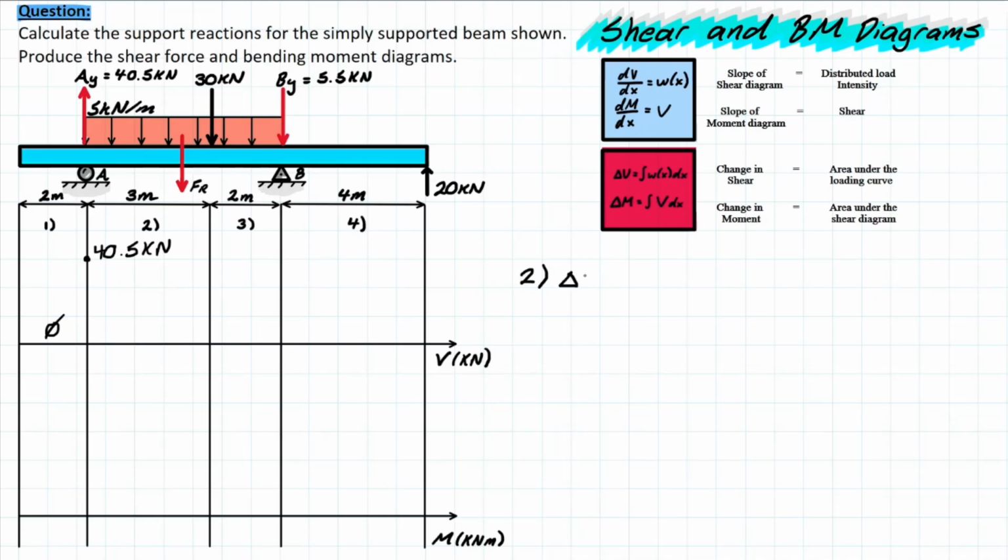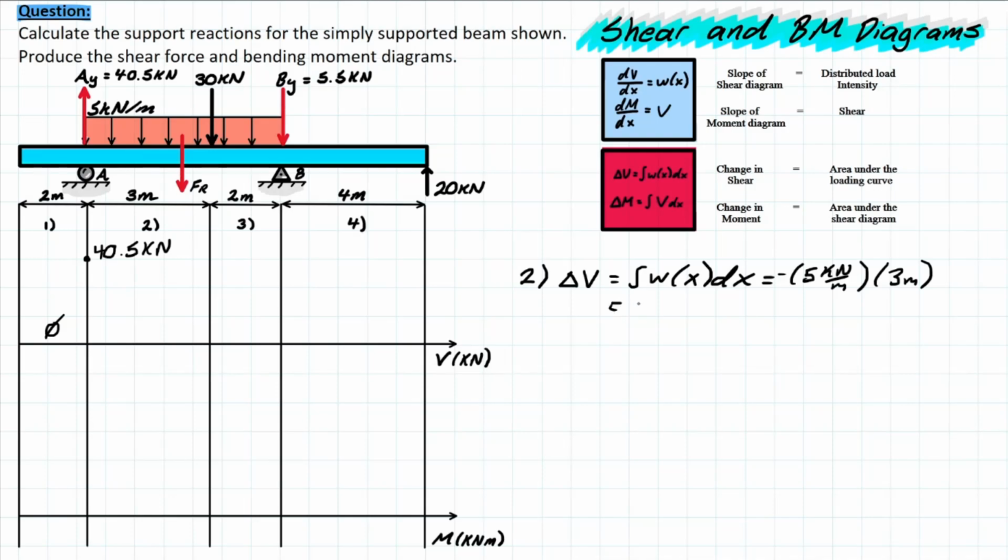So here's the formula that I am referencing for this. And then solving that, you have 5 kilonewtons per meter over 3 meters until you get to that 30 kilonewton force, because there's going to be a jump there.